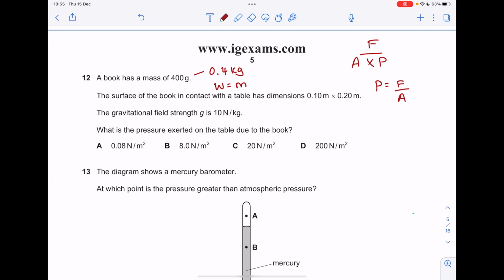We need to get our mass as a force, as a weight. So we do 0.4 times 10 to get 4 newtons, which is our weight and our force. Our area is 0.1 times 0.2, which is 0.02. So 4 divided by 0.02 is 200.